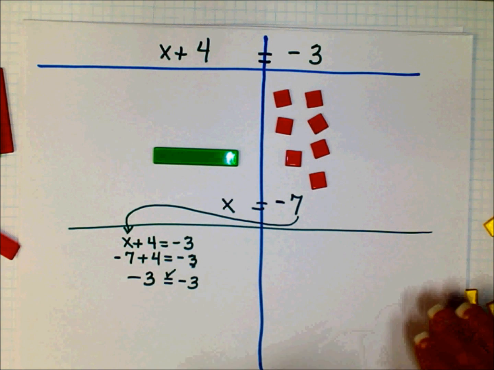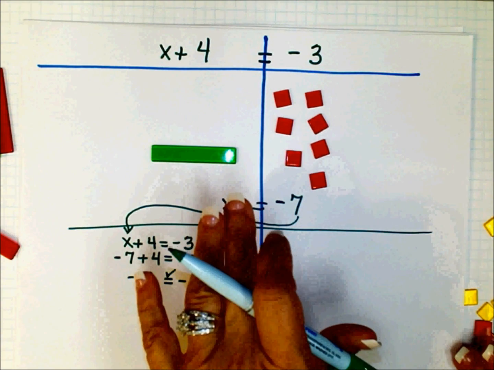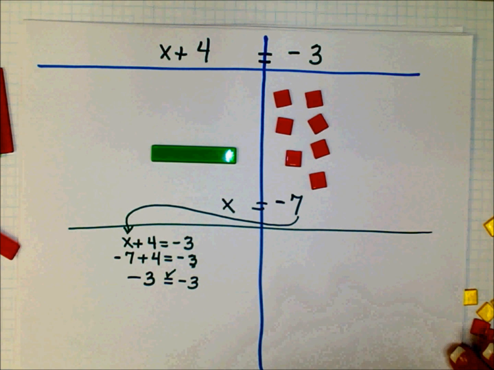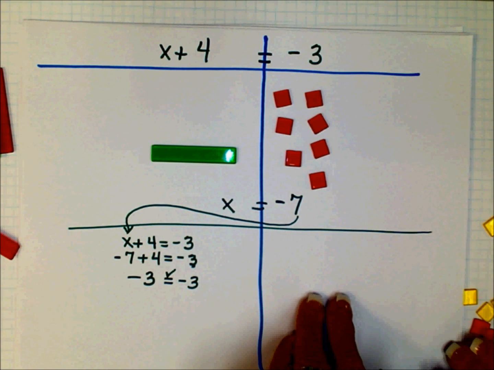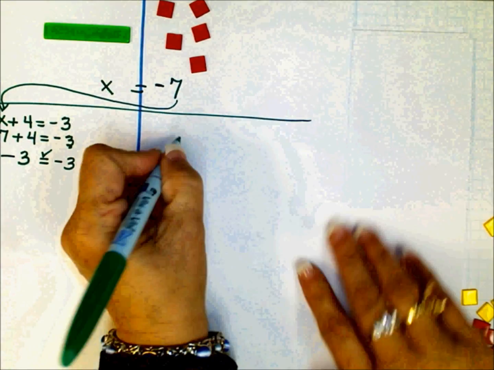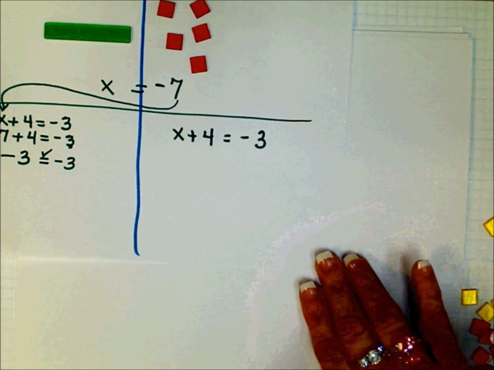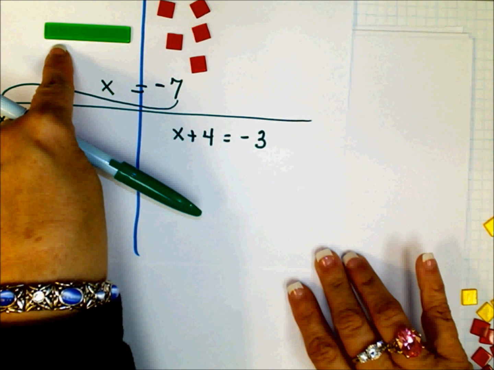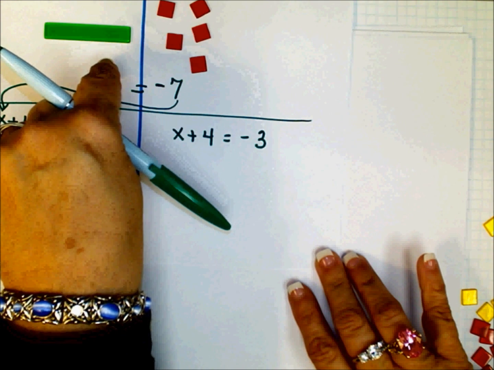Now, another way to solve this problem, which is very similar to this, not using a concrete model, but using addition or subtraction, would be to start out with the same equation, which would be x plus 4 equals negative 3. Now, remember what we did with the manipulatives. We added negative 4 to both sides. In other words, we added 4 red square tiles.